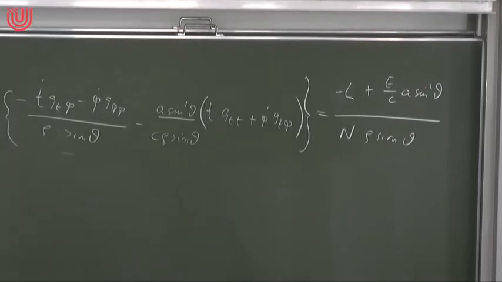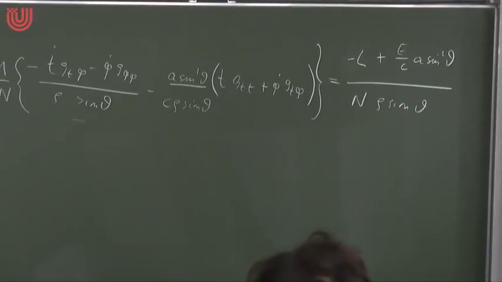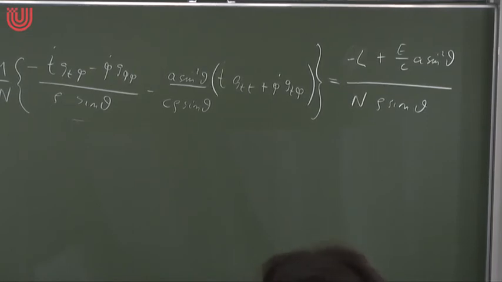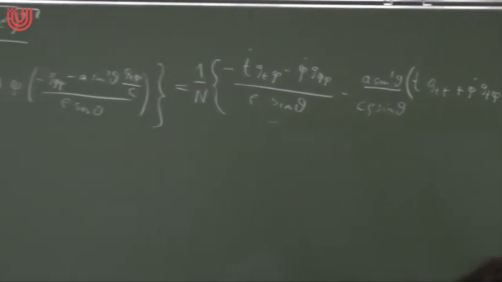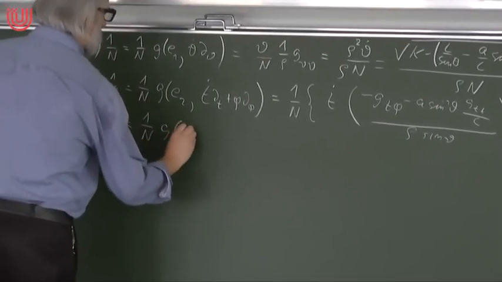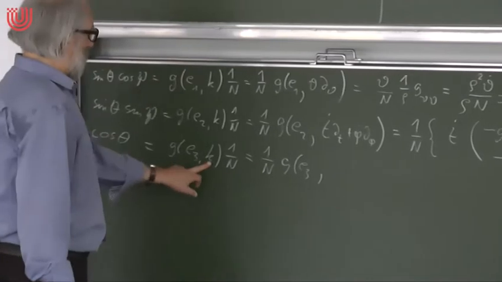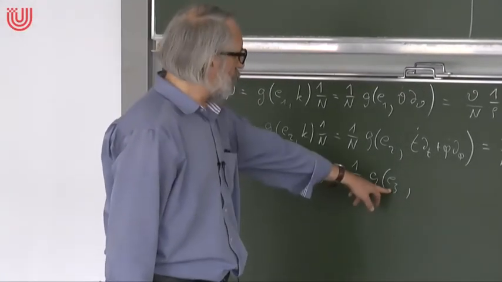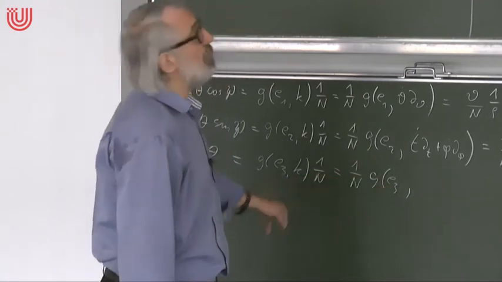And the last one which we need is the equation for cosine of theta. This is g e3 k 1 over n. This becomes fairly simple. The only component which gives something different from 0, E3 is proportional to d by dr, so I only need the r component.